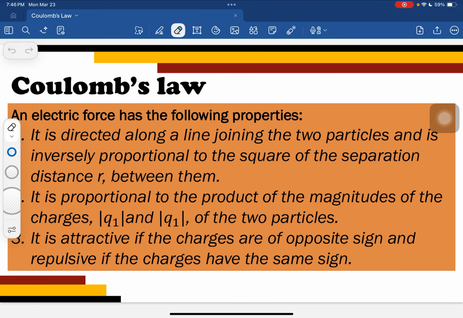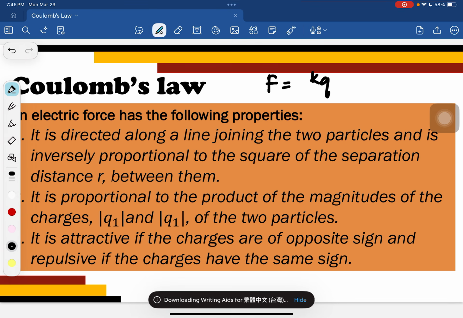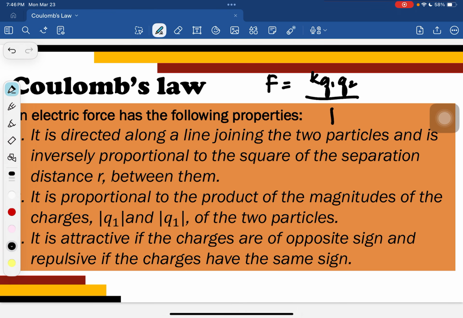We have to understand how the law works, or what the different properties of an electric force are in relation to the law. An electric force has the following properties. First, it is directed along a line joining the two particles and is inversely proportional to the square of the separation distance r between them. If you remember, a couple of slides ago, it is simply F equals k Q1 Q2 all over r squared.